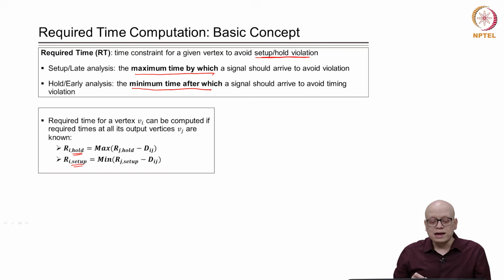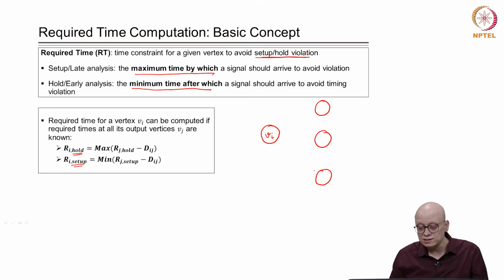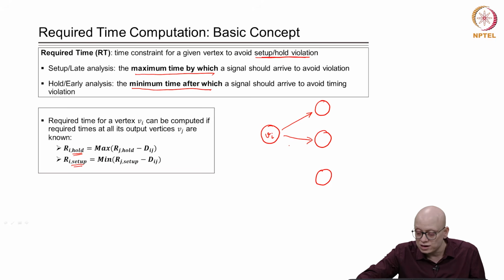So, suppose there is a vertex Vi, then the required time at the vertex Vi can be computed if the required time at all its output vertices is known. Suppose there are 3 output vertices, all of them denoted as Vj. So, there are 3 Vj's in this case. If the required time for the setup and hold are known at the output vertices, then we can compute the required time at the vertex Vi, right.